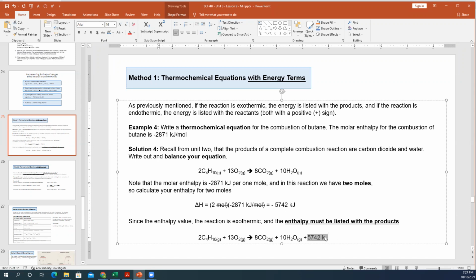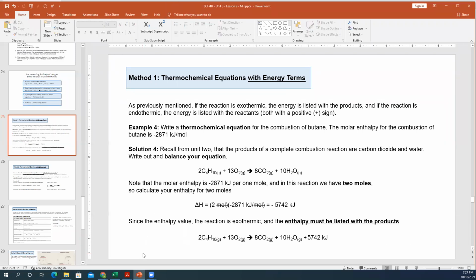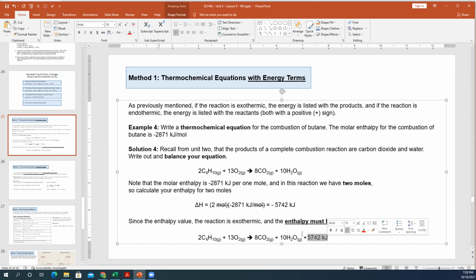We write it on the product side. And we also doubled it, if you remember, because this is for 2 moles of butane, whereas that value is for 1 mole of butane. So was that clear to everybody? Any questions here with this one? So this is a thermochemical equation with the energy term written inside the equation as a part of the equation, okay?